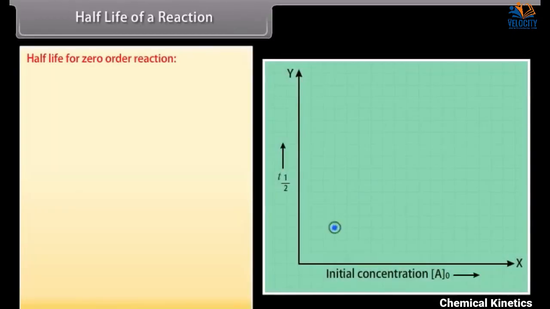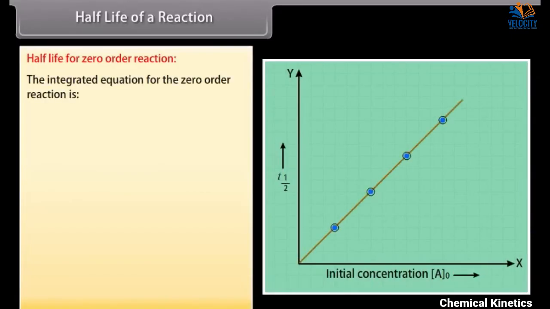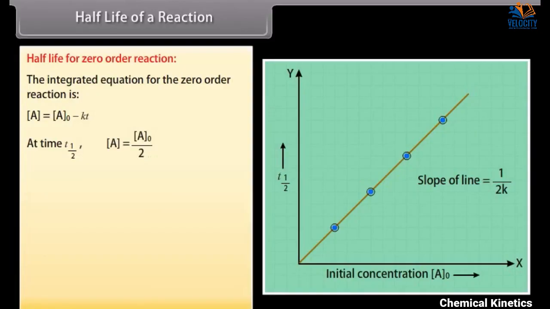Half-life for zero-order reaction. The integrated equation for the zero-order reaction is A is equal to A naught minus Kt. At time t half, A is equal to A naught by 2, or A naught by 2 is equal to A naught minus Kt, or K t half is equal to A naught by 2.